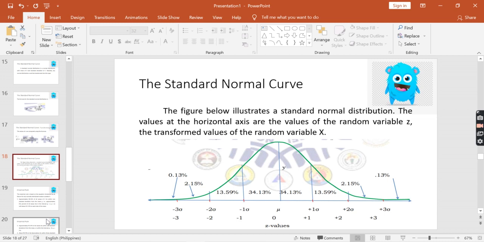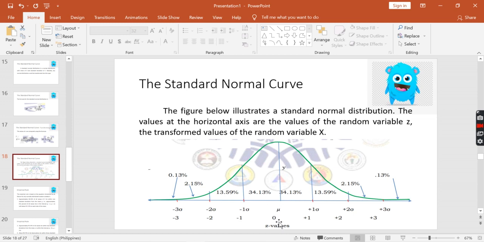So the figure below illustrates a standard normal distribution. The values on the horizontal axis are the values of the random variable z, the transformed values of random variable x. Usually when you transform your random variable x, it will look like this: negative 3, negative 2, negative 1, 0, 1, 2, and 3.